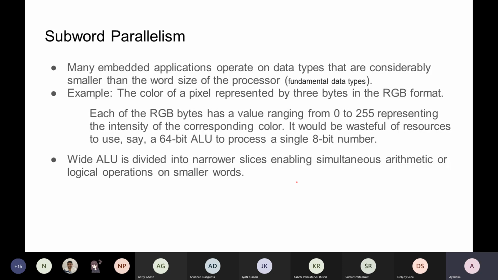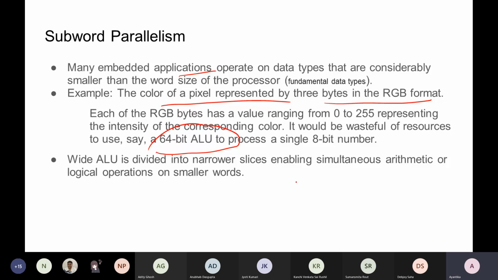So what happens in here, it is used in many embedded applications. Actually, it is important for our application. You can think about the images, the color pixels. They are represented by this RGB format and 3 bytes, 8-8-8. But whereas we are having in some cases a 64-bit ALU, that means all the processing can be done with this 64-bit.